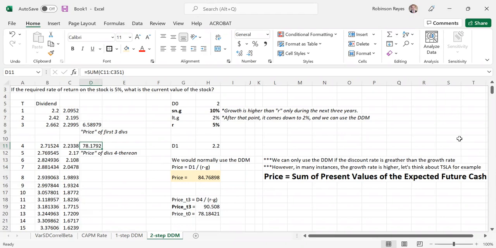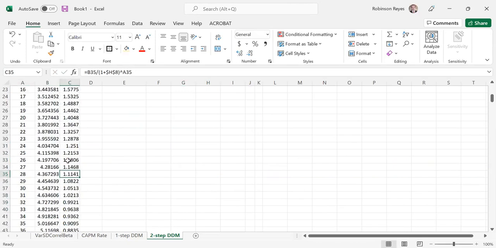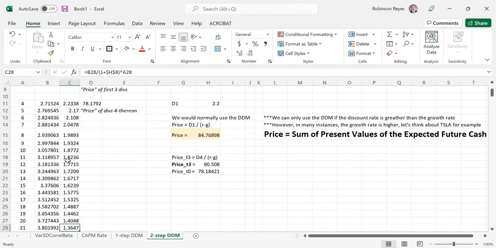If I continued a couple of hundred more years, the two prices would have matched exactly, would be identical. Okay, so now we have this price from dividends 4 and thereon using this shortcut instead of having to calculate the present value of 400, 300 dividends as we did here in the long approach.